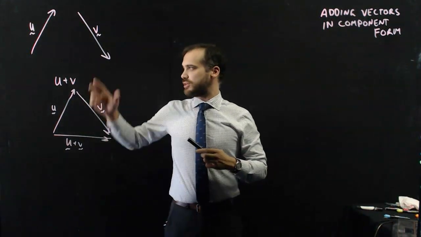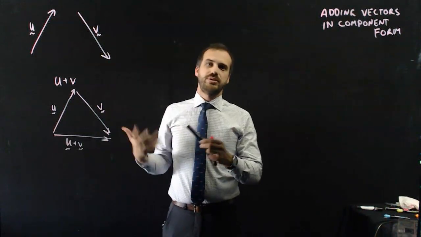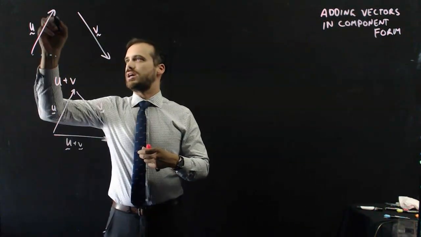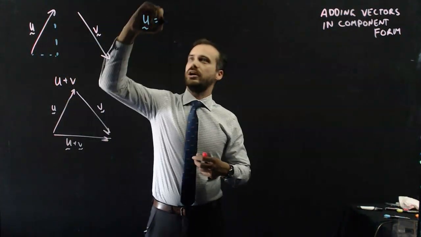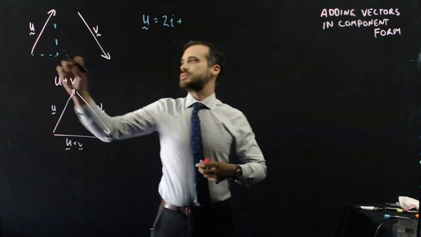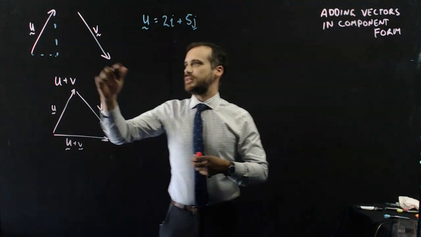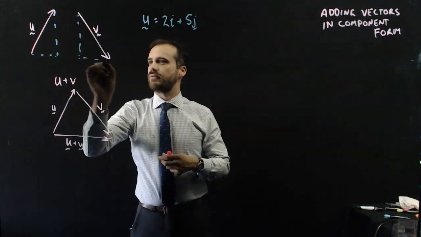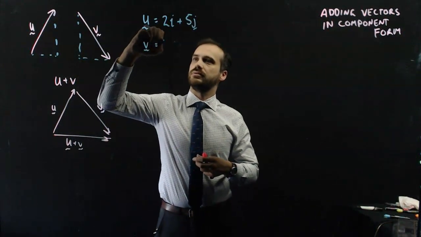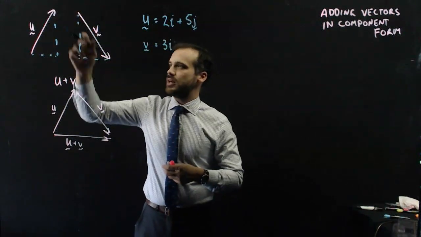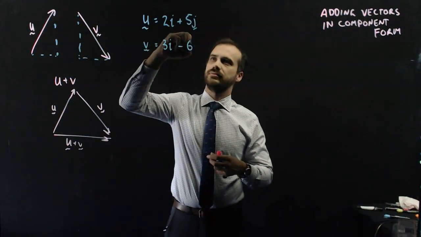So you've already learnt that there's component form, and we can interpret u and v in terms of their components. So I can say that u is, let's just make some numbers up here, 2i plus 5j. And let's say that v is 3i, and then it's moving downwards, so we'll say minus 6j.